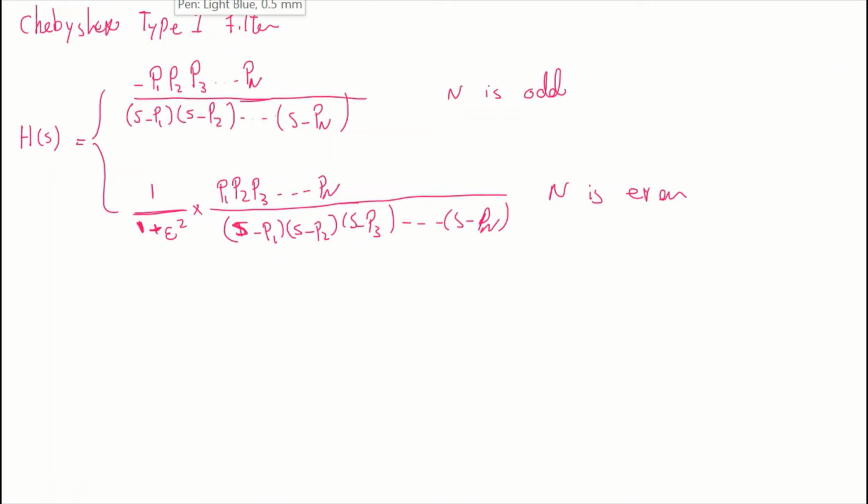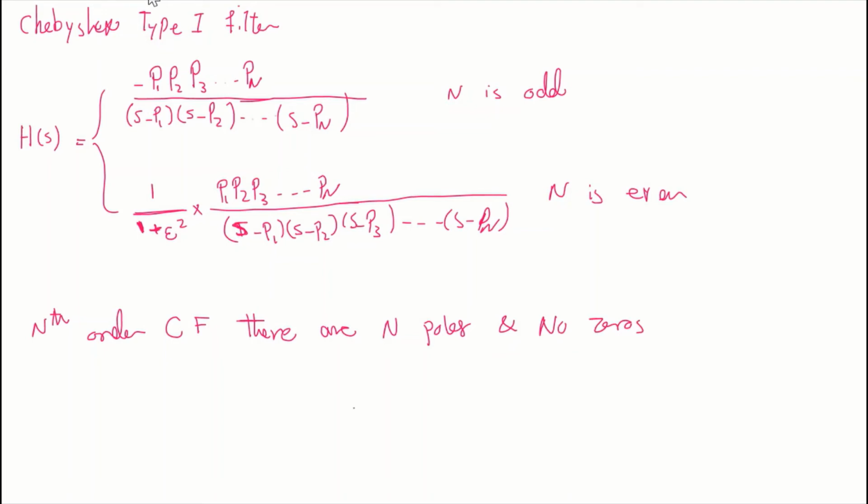Alright, so for the case with only 2 poles, because this is a rule that for an nth order Chebyshev filter there are n poles and no zeros.